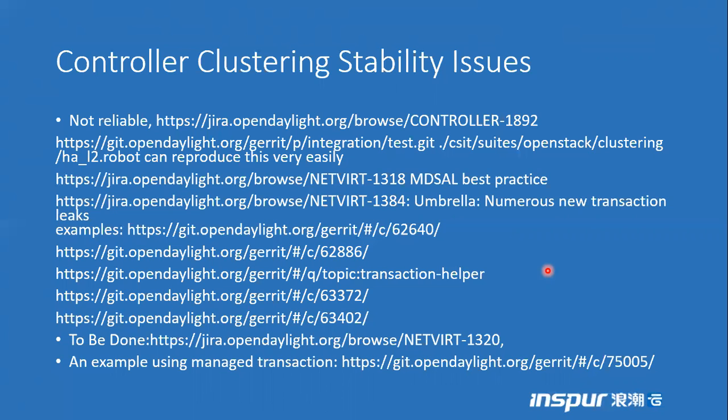Michael developed this and changed many places in Genius. But in Genius, there are still some components which don't use this managed transaction API. So that's the root cause of HIL2 and HIL3 failure. If you want to see details, you can access these Jiras.